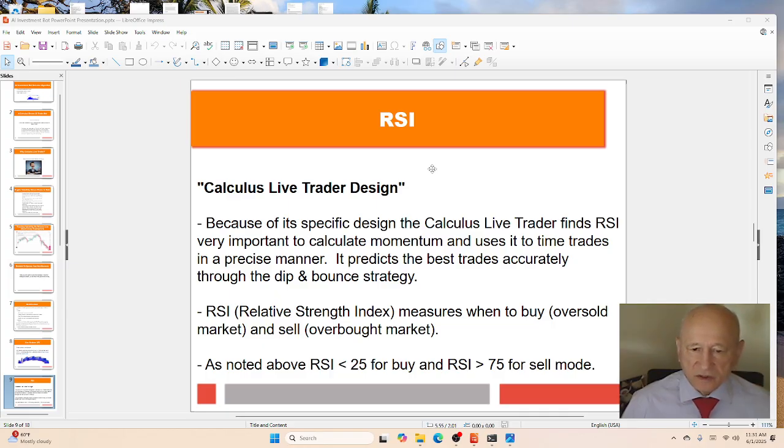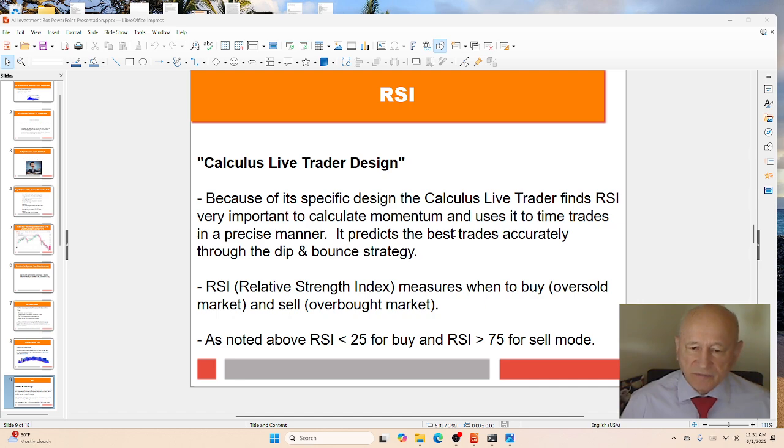In an oversold market, we can buy BTC or an investment at a low price and plan for its acceleration. In an overbought market, we can sell the investment or the trade at an ideal high price.